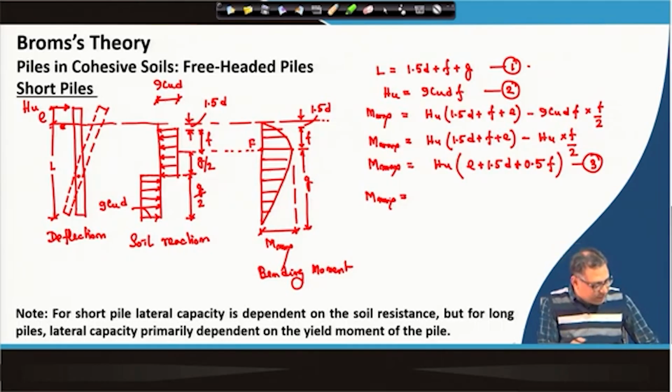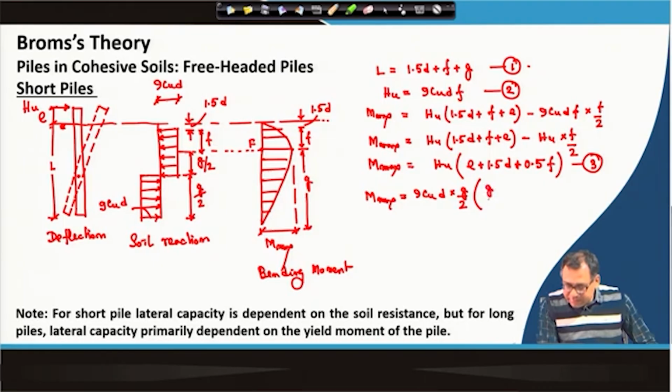So, I can write that for the lower part, 9 CuD into G by 2, this is the area, and then for the lower part total, this will be G plus 2, then plus G divided by 4, that is for this part, then minus G divided by 4.